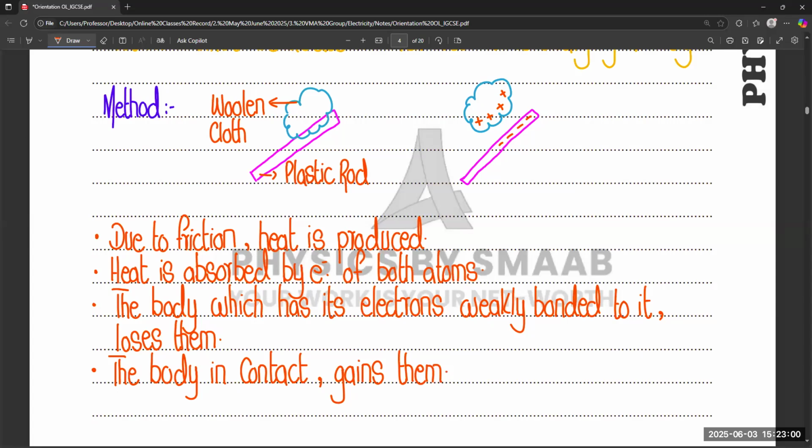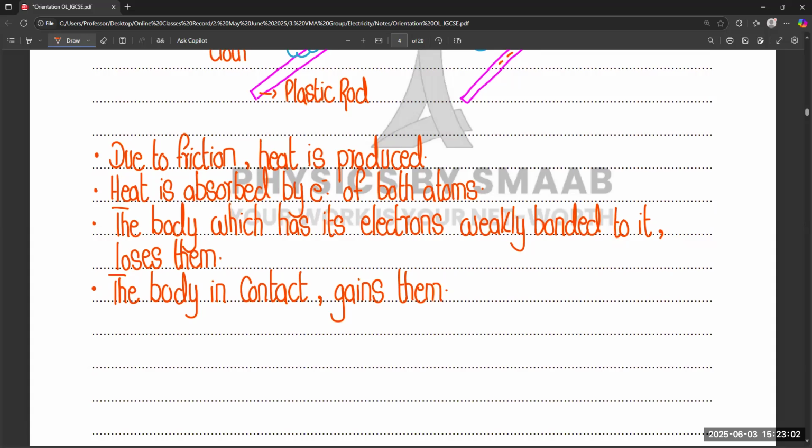So this is the process. So the body which loses electrons becomes positively charged.